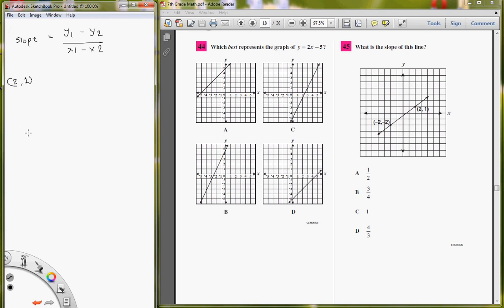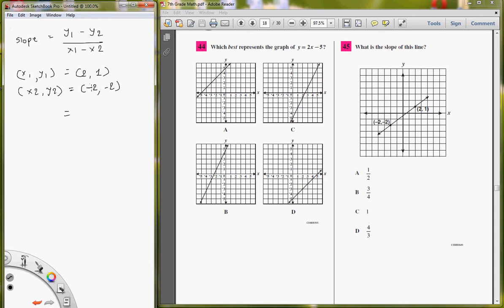So this is our first point. Let me clean a little bit here. Okay, so here I write x1 and y1 is equal to 2 and 1, x2 and y2 is equal to minus 2 and minus 2. Now I have the values.